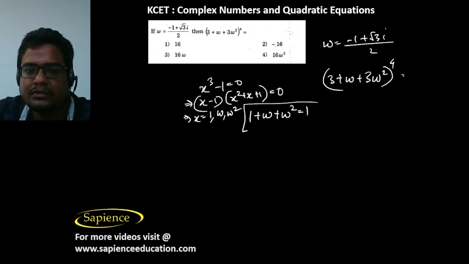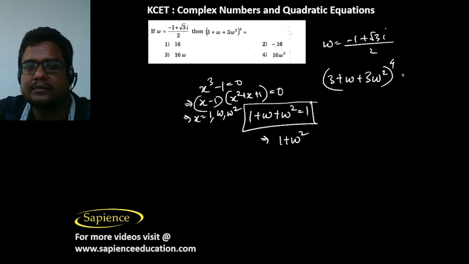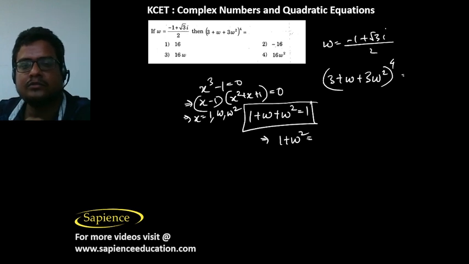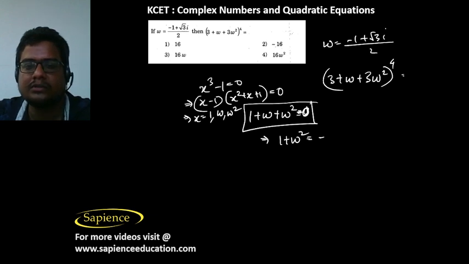So I can say 1 plus omega plus omega square is equal to 0, so 1 plus omega square is minus omega.